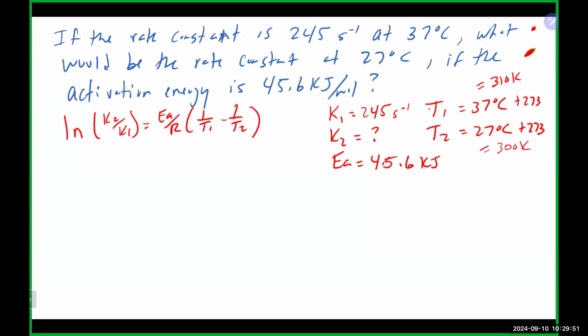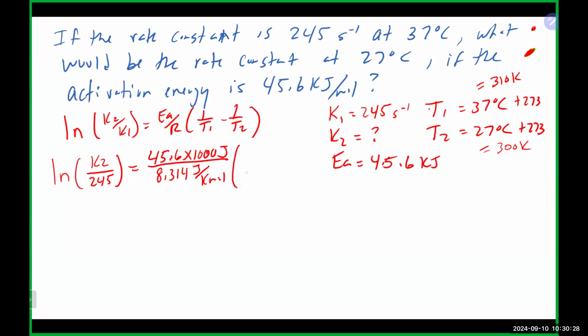All right, so natural log of K2, which is what we're looking for, over 245 equals 45.6 times 1,000.